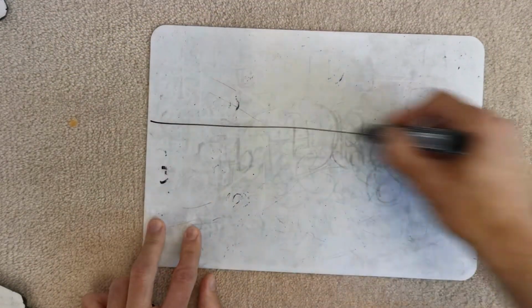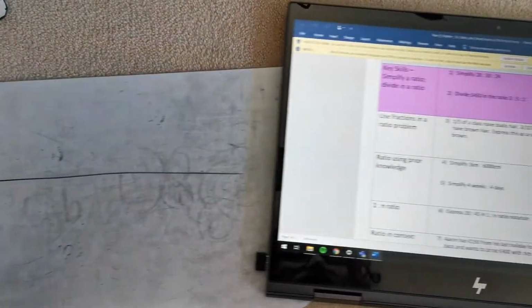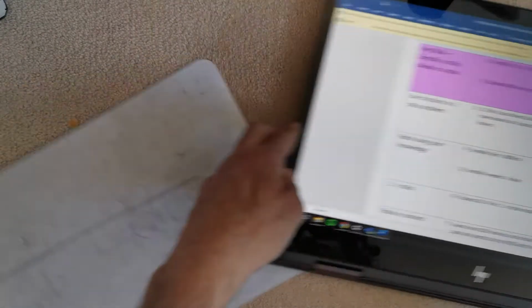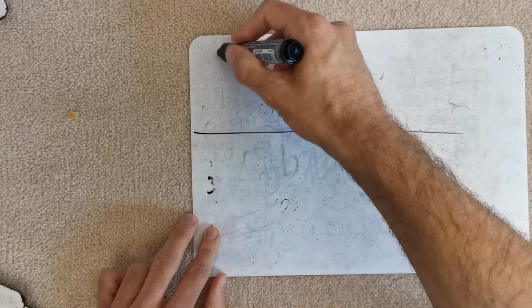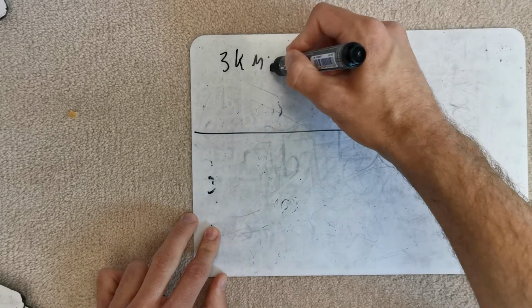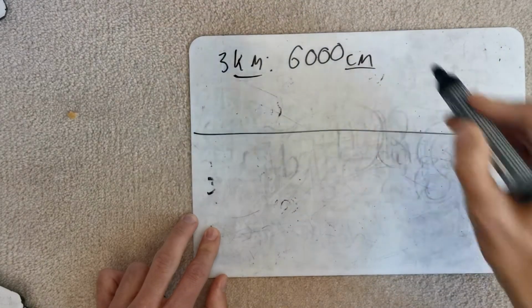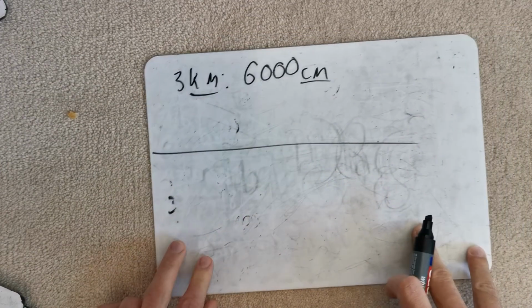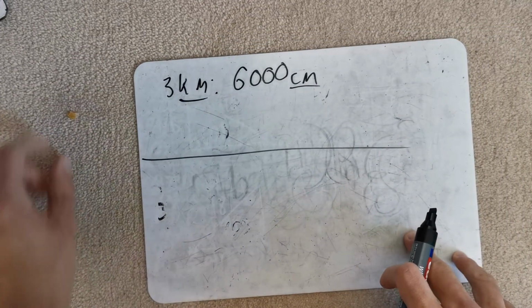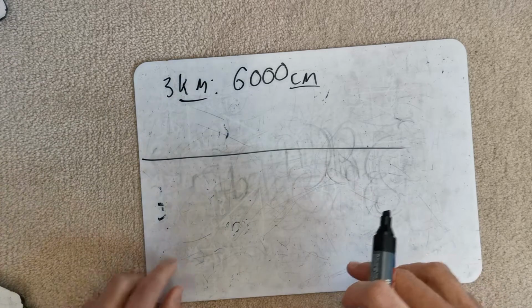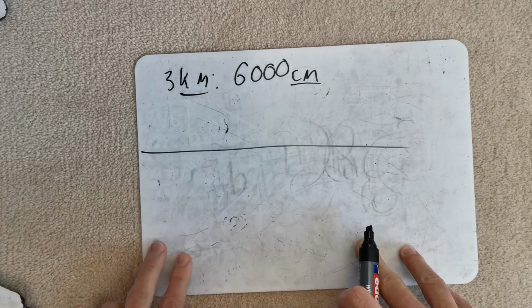Right. Ratio using prior knowledge. So this uses units. We've got to simplify 3 kilometers to 6,000 centimeters. Kilometers and centimeters. We need to make them the same units.